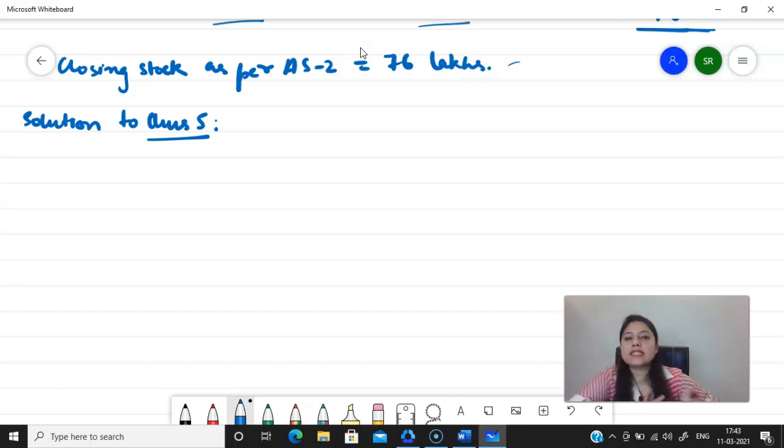Right now, we'll just quickly solve the question as to what would be the correct valuation of closing stock in the given circumstances. Here, the cost given to us of the remaining closing stock is the cost of those 25% of closing stock of goods.